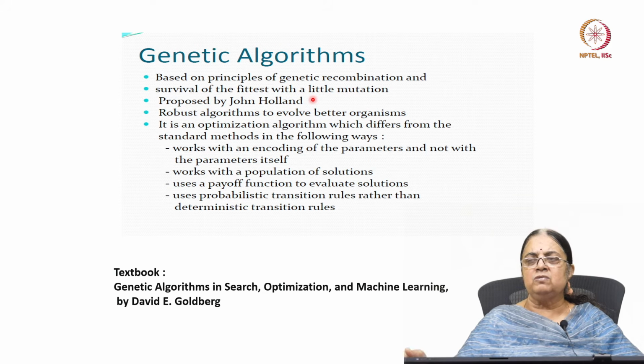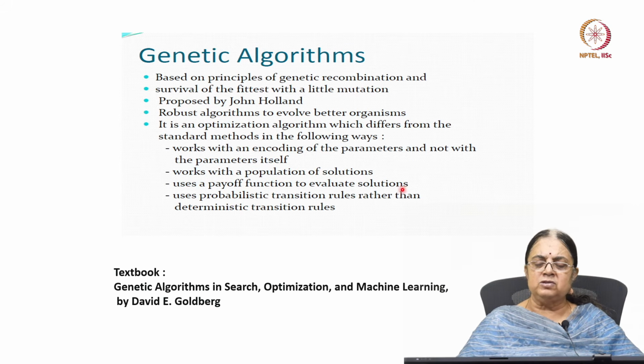It is used to evolve better organisms, and you are going to evolve a number of organisms. If you have a particular problem for which you want a solution, you don't start with just one candidate solution. They are known as the candidate solutions. You start with a population of candidate solutions, and you move from one population to the next population using a number of operators. We will talk about what those operators are a little later.